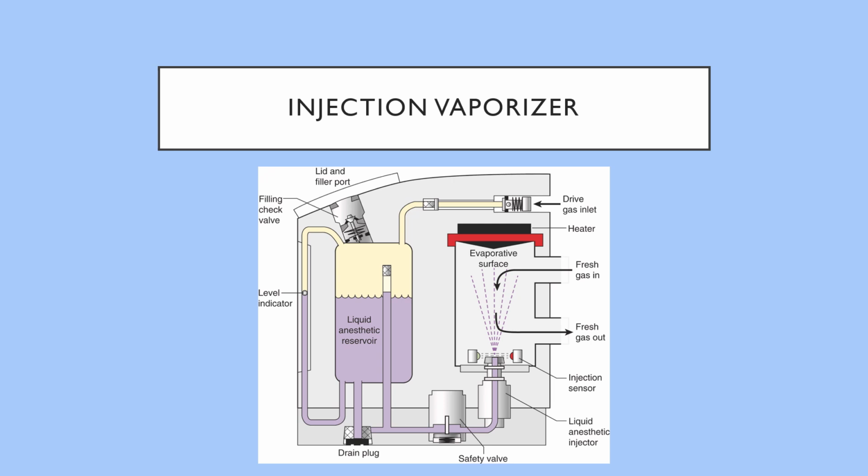There's no concentration control dial. Instead, there's an electronic microprocessor that's adjusted via the workstation interface, and this controls the amount of liquid that's injected into that chamber. A dedicated gas analysis line downstream from the vaporizer monitors the output, and injection vaporizers are also agent-specific.